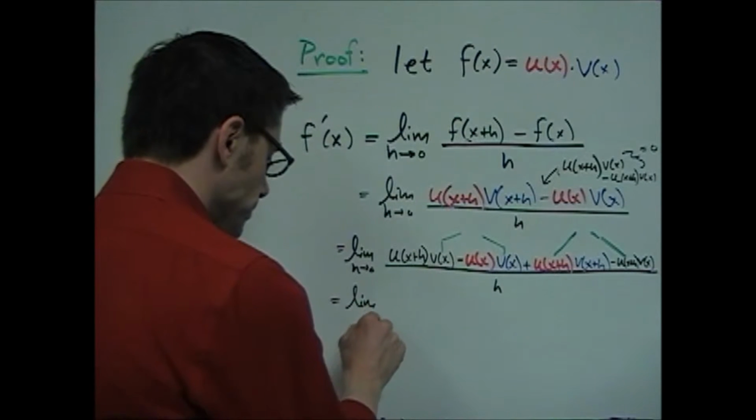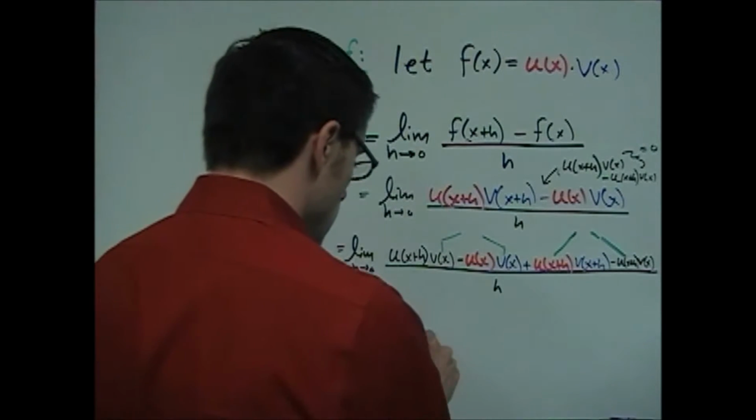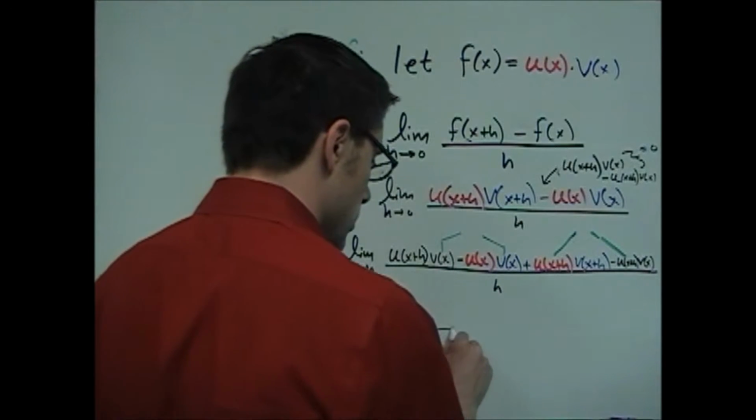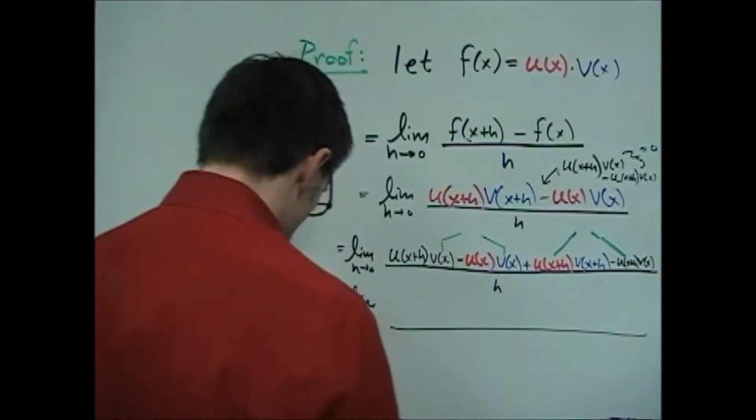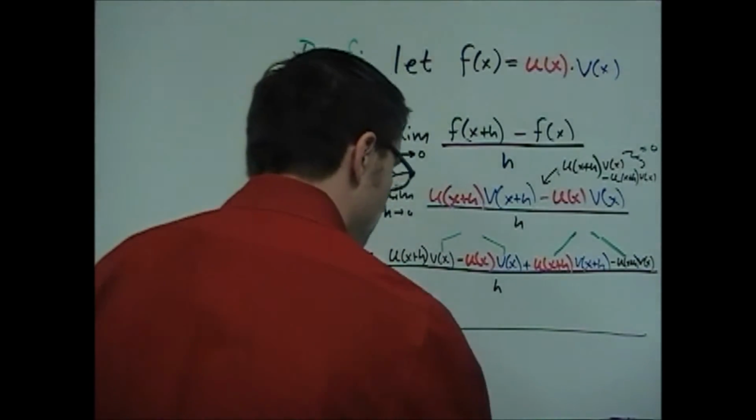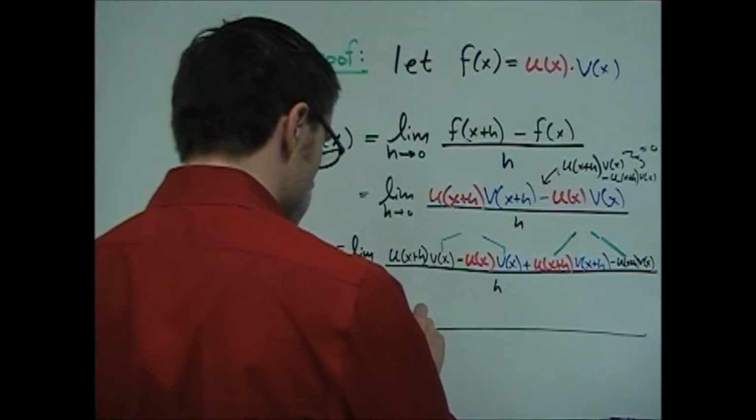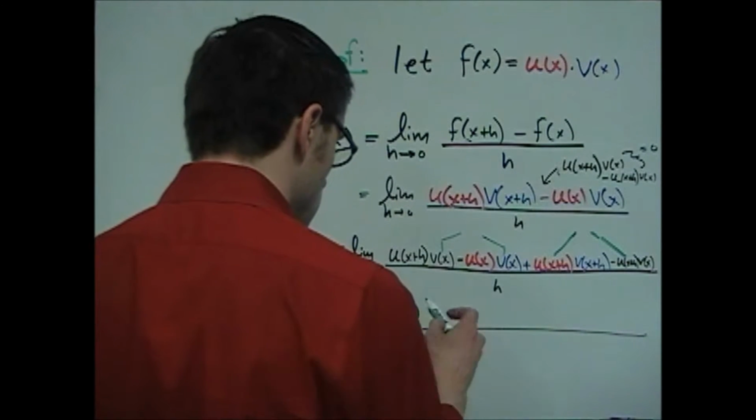This is equal to the limit as h goes to 0. And of course, there's an h down below the entire thing. But what I have here is that, again, I'm going to factor out this v of x. There's a v of x outside of here.